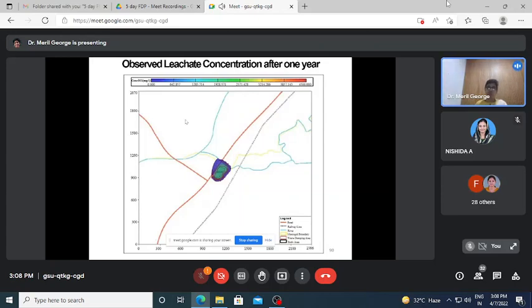The chloride was found in considerable concentration up to a distance of 150 to 200 meter. And this is the trend of leachate transportation through the groundwater.